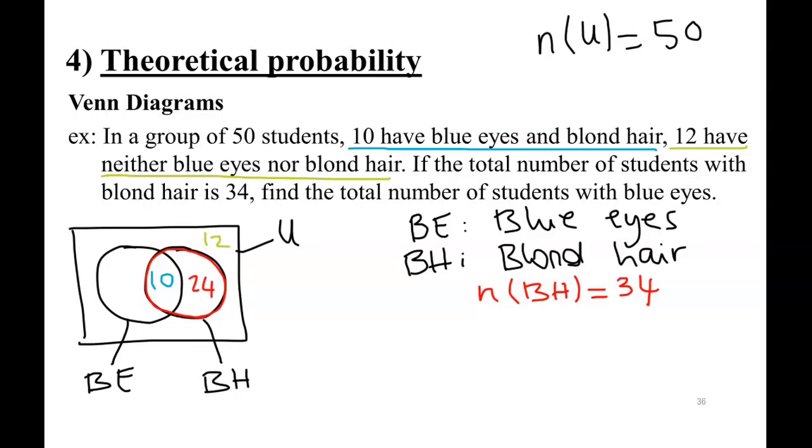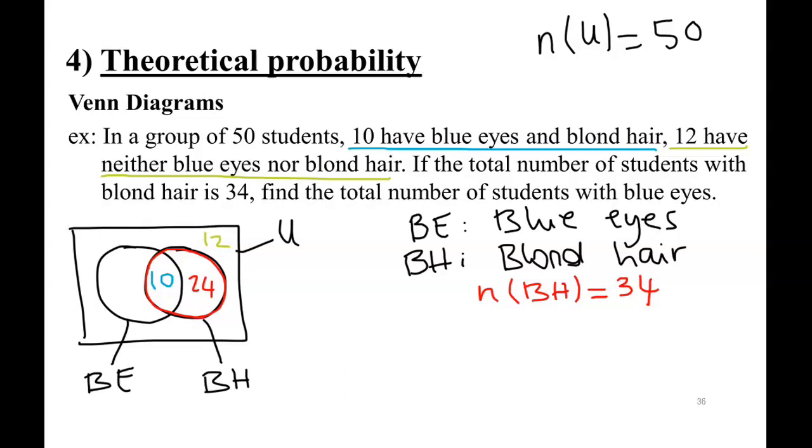Now, if we look at the Venn diagram, in BH we have 10 and 24, which represent the 34 students in the class that have blonde hair. The 10 students here have blue eyes in addition to blonde hair, while the 24 students there have only blonde hair and don't have blue eyes.